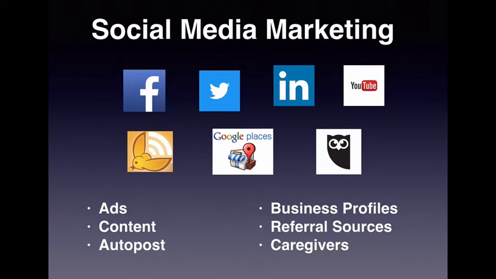When it comes to the auto post, we like to use Twitter feed. Twitter feed is the little yellow bird or orange bird over there in the corner on the left hand side.